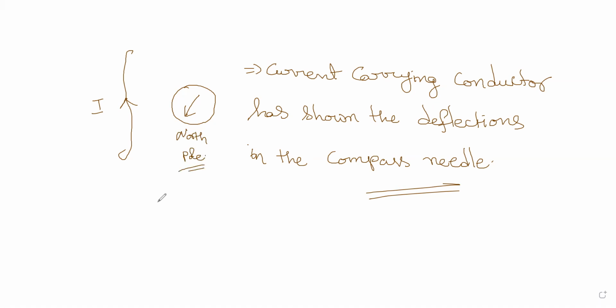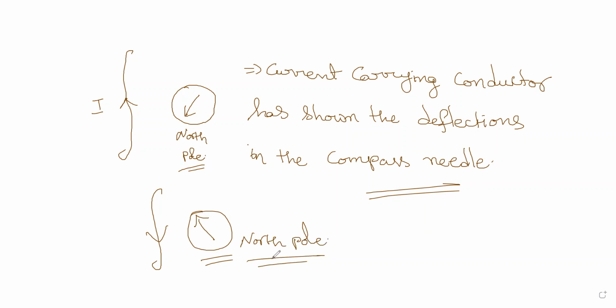This is how it has deflected, and this is what they have seen. The north pole of the needle will deflect that way. If the direction of current is reversed, the deflection of the needle is the other way. Hopefully you understood.